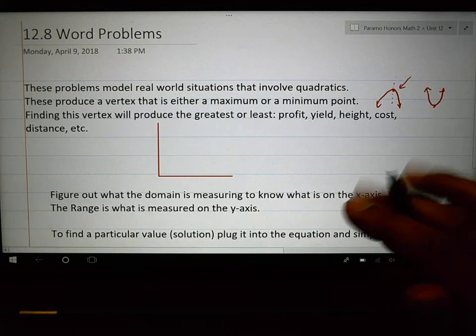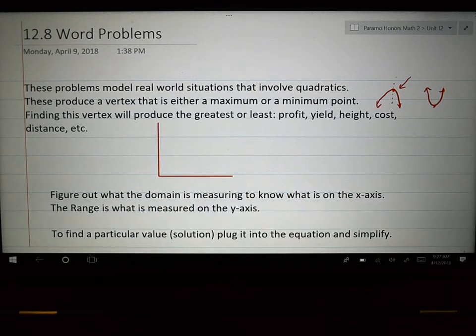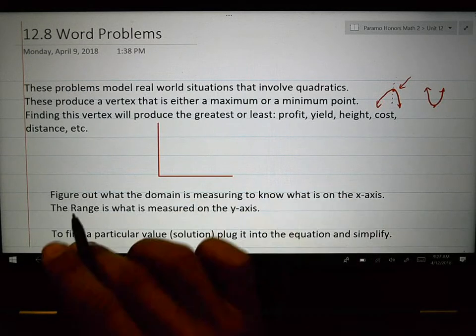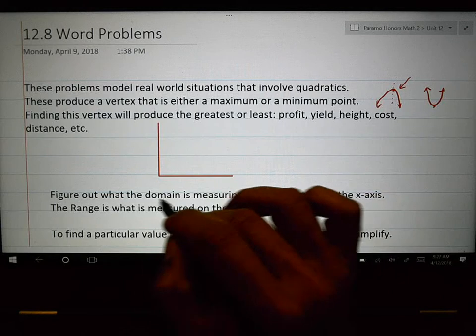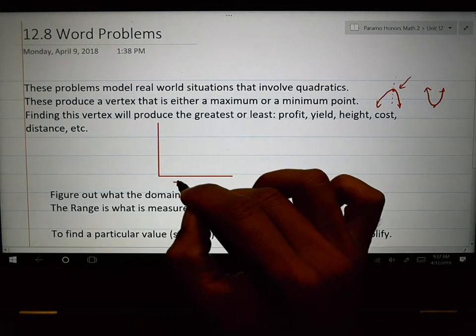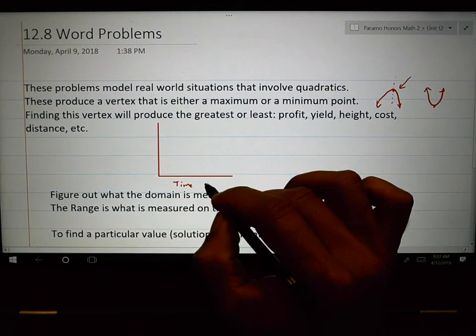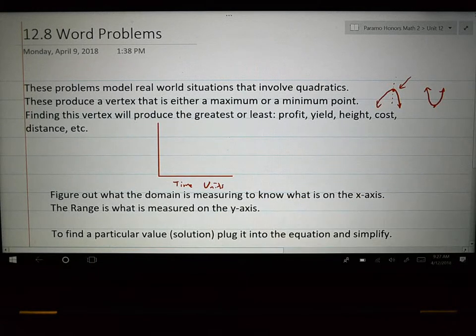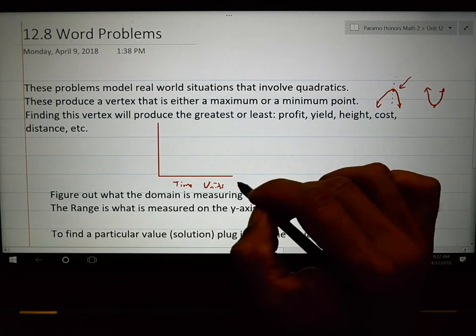So as you read these problems in 12.8, know what the domain is measuring. This might be time, this might be units, boats, how many boats you make, how many gizmos, how many widgets.